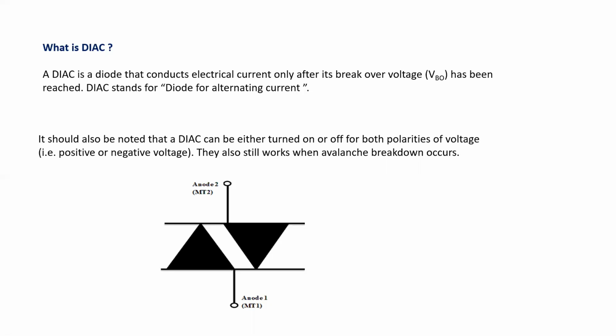It also works when avalanche breakdown occurs. That means when we increase the voltage from anode 2 to anode 1, the device comes into conduction, or when we increase the voltage from anode 1 to anode 2, the device also comes into conduction. That's why it is called a bidirectional device, and this DIAC is a member of the thyristor family.